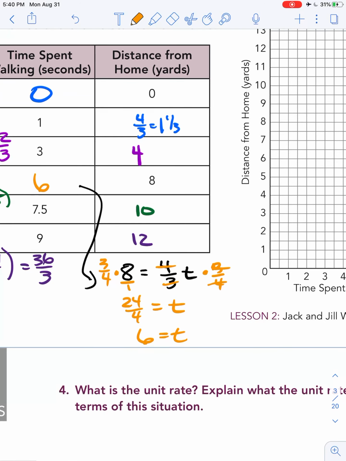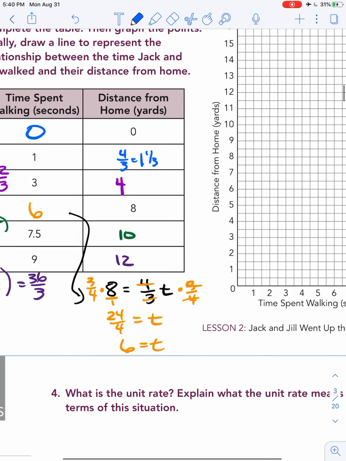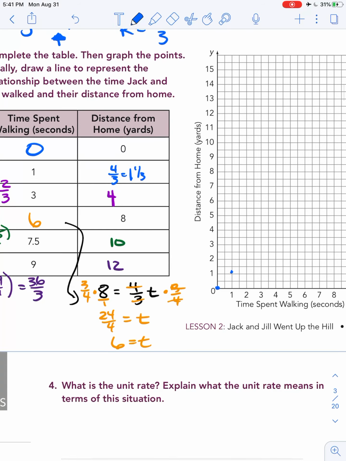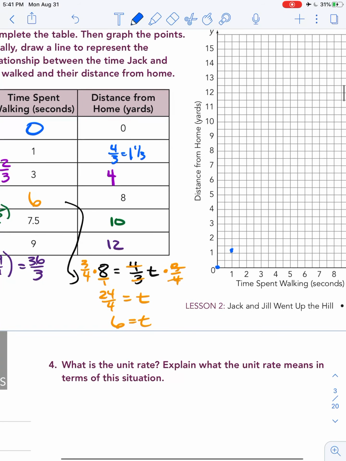Now, I'm going to try really hard to plot these points. So 0, 0 is pretty simple. 1 1/3, so 1 and a little bit more. And then 3, 4. 3 and 4. And 6 and 8.